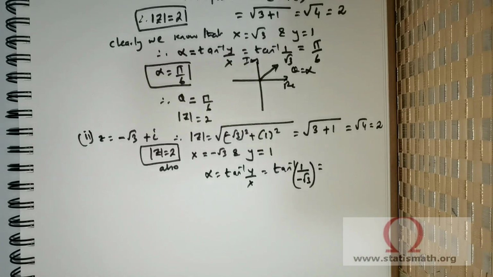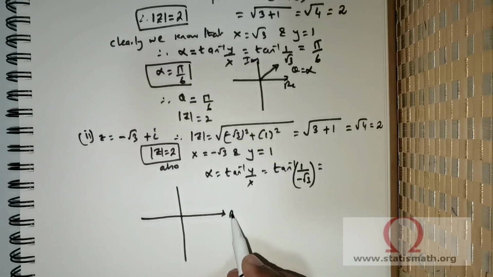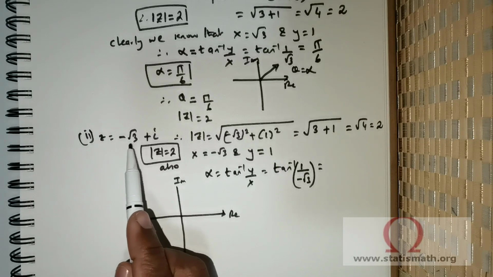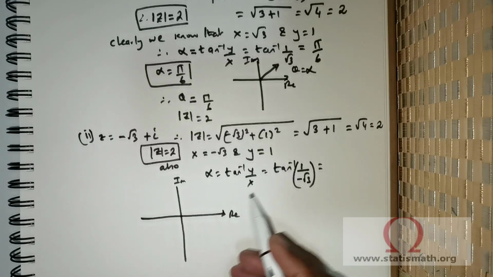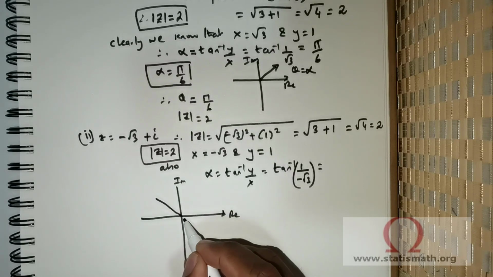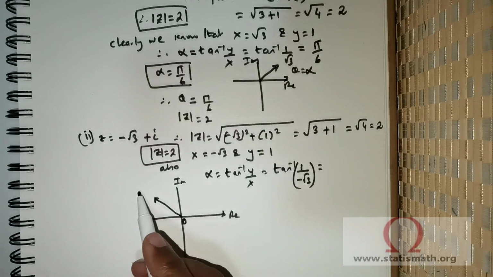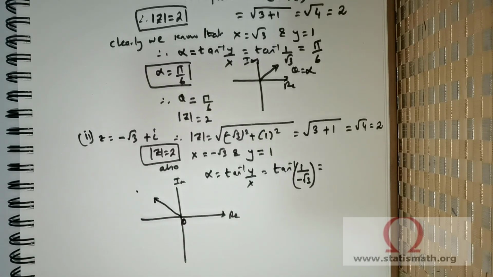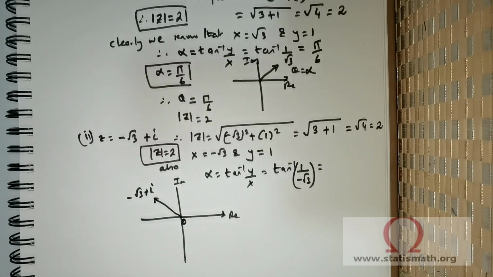So this means if you were to draw the Argand diagram, this is real axis, imaginary axis, the negative root 3 would be present on the negative part of this axis. So it's going to be on this side. Now since the modulus or the amplitude is 2 units, you can stretch 2 units from the origin and you can locate the complex number to be somewhere over here. Okay, this would be the presence of this complex number, negative root 3 plus i.